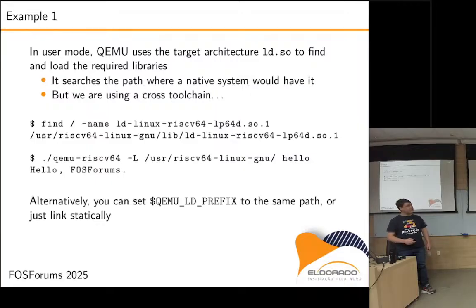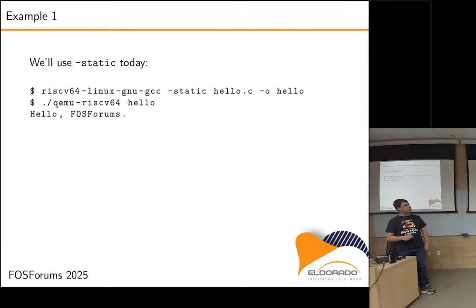It will be a bigger executable, you pass the static flag, but then you don't need the L flag nor the environment variable, and you can pass this executable around, and it will work mostly the same. All right.